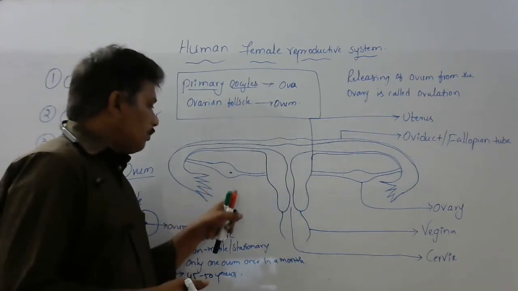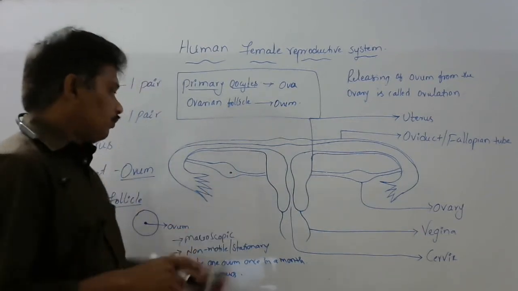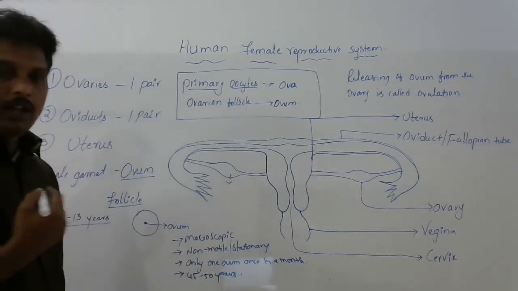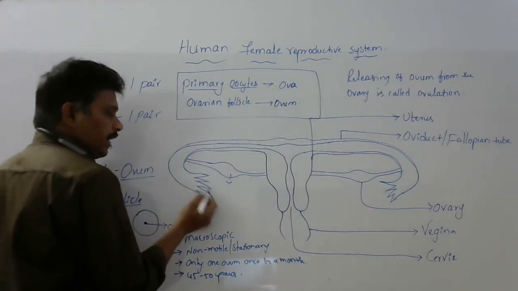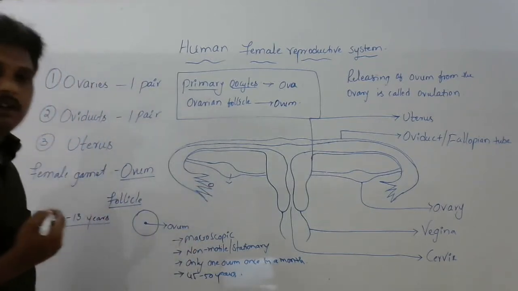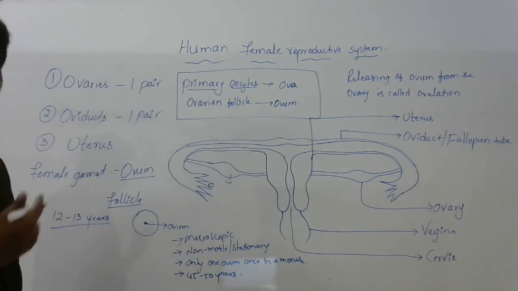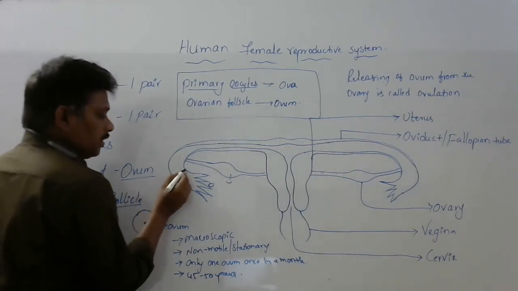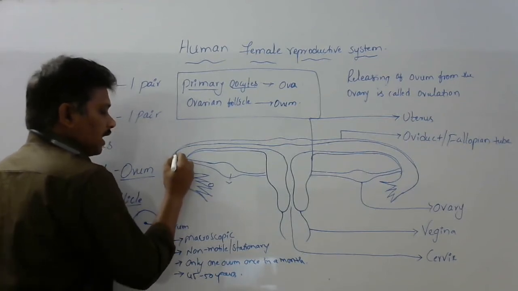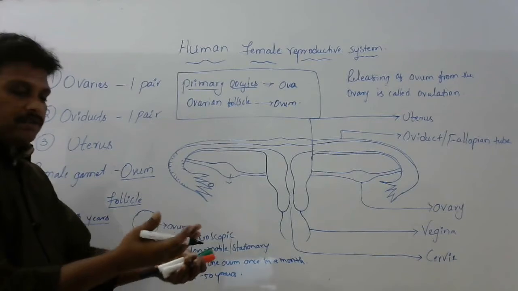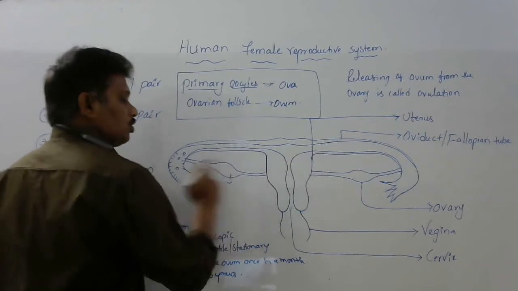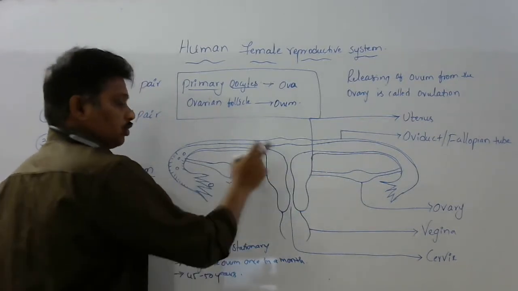Whenever the ovum is released into the abdominal cavity from the ovary, immediately the ciliated funnel-like end of the fallopian tube captures that ovum. The fallopian tube is lined by small ciliary cells. With the help of ciliary movement, the ovum is pushed inward, towards the uterus through this tube.